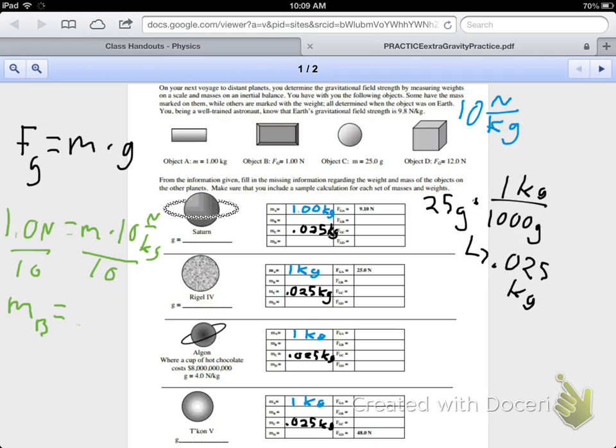We're left with a mass for object B of 0.1 kilograms. So everywhere where you see mass B, 0.1 kilograms.